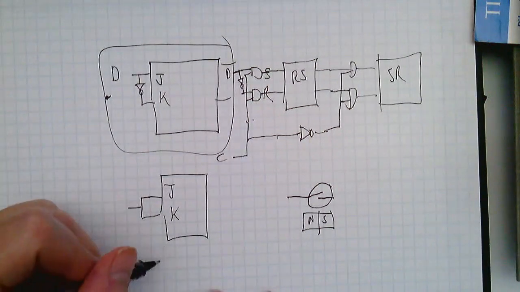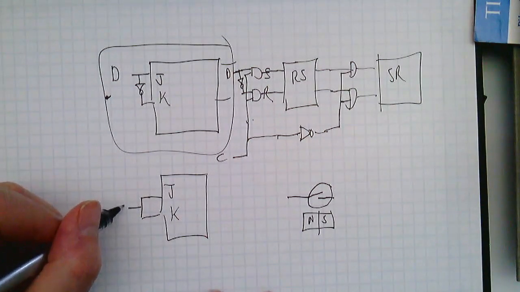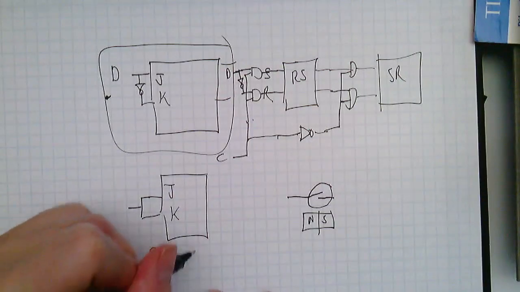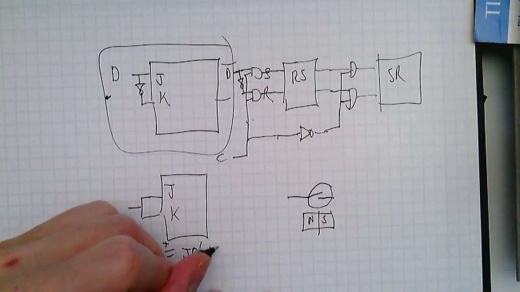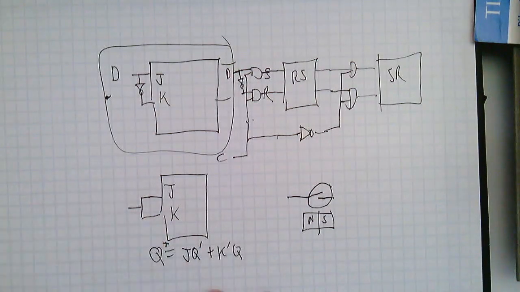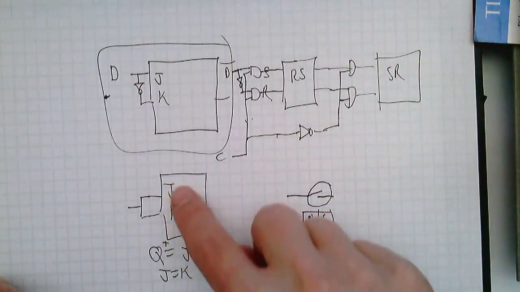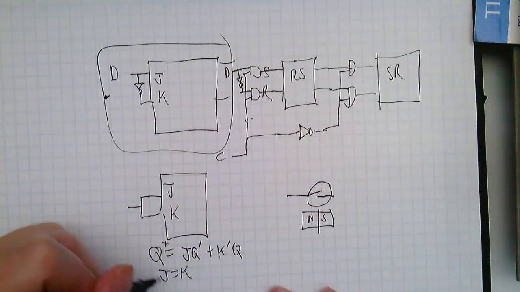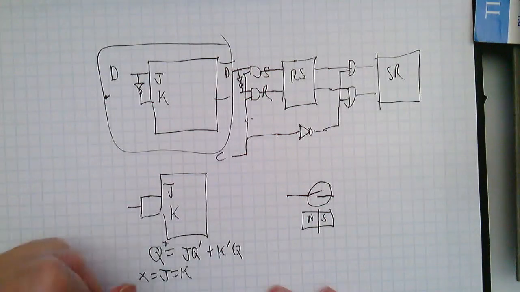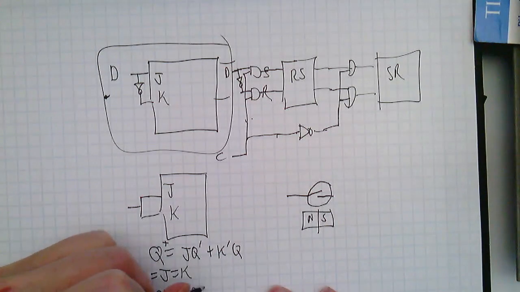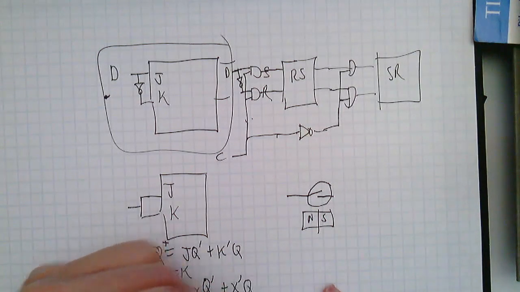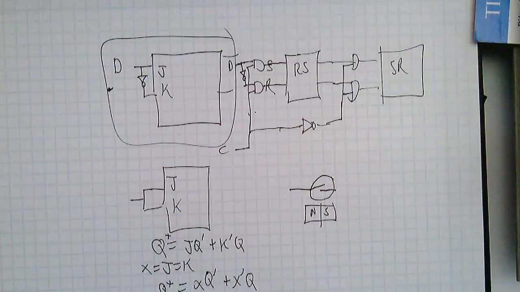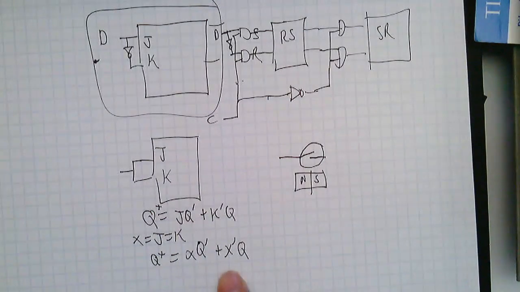Well, let's assume that Q plus is equal to J Q prime or K prime Q. Now let's let J equal K, because you wired them together. So now I'll set it equal to X. So the Q plus is equal to X Q prime or X prime Q, because I put X in there for both. So what is this the characteristic equation of?